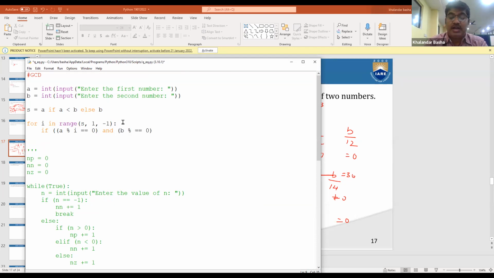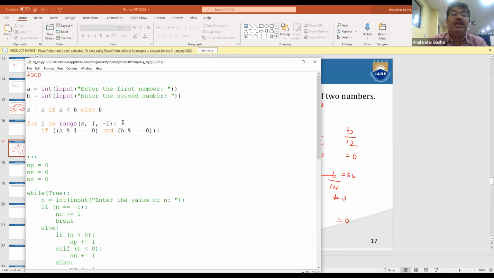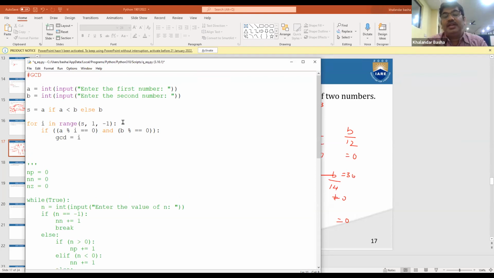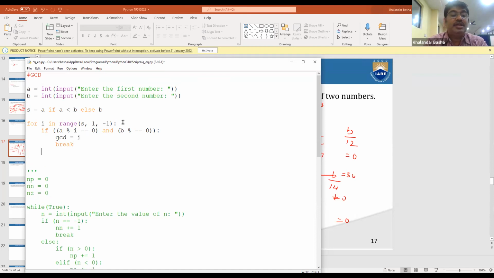Whenever these two conditions are satisfied, what does it mean? The I is the greatest common divisor. So I'll put GCD is equivalent to I. Once we are executing from the highest value, once we find both the remainders are 0, we can terminate the loop. So you can put a break statement here.